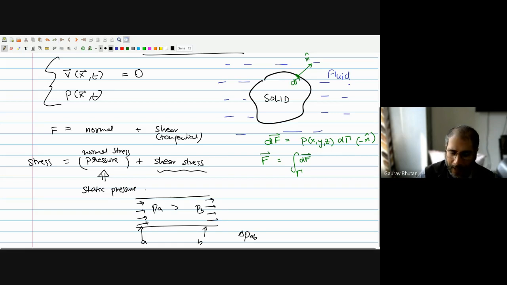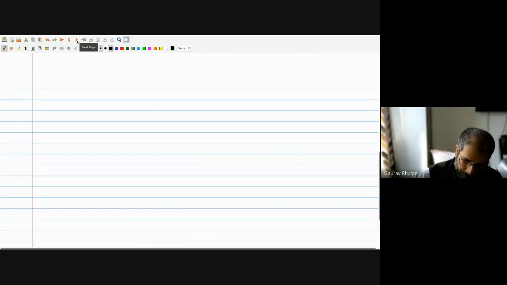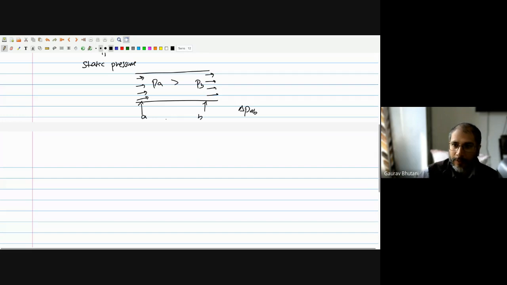I'll keep highlighting these things as we go on, and I'll keep repeating them so that they become more of a habit for us in fluid mechanics. But in case you ever get confused, do feel free to discuss with me, because many books will use different terminologies. So you may get confused, but that's a good thing if you get confused and then you question things and understand from your own perspective.